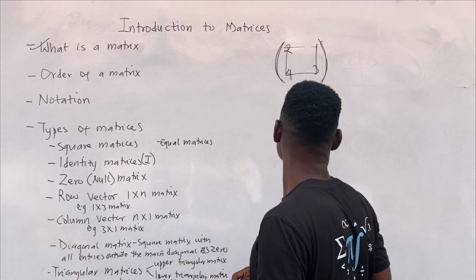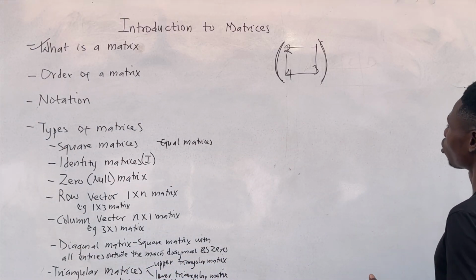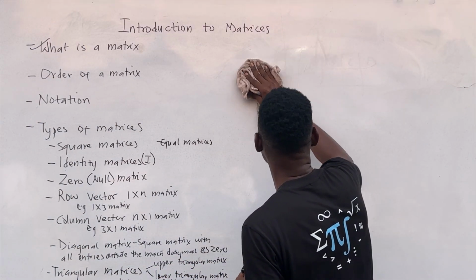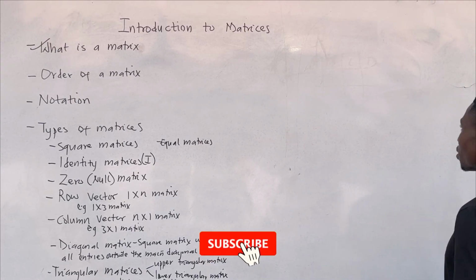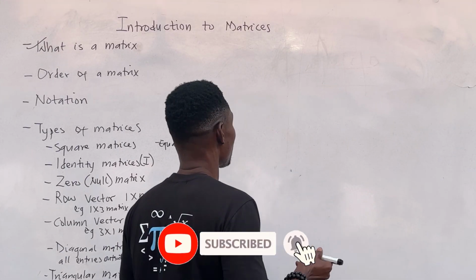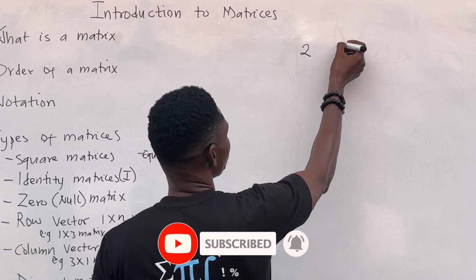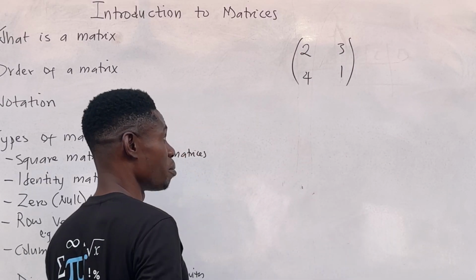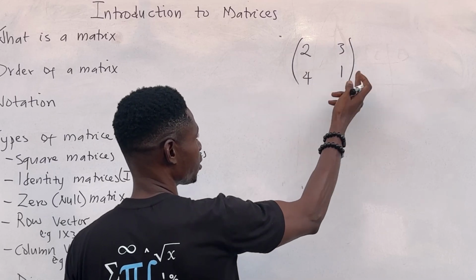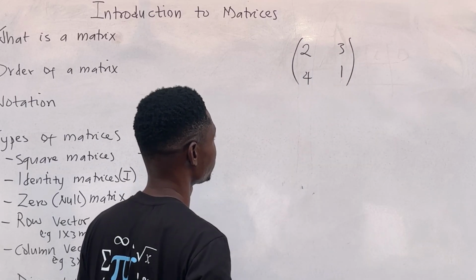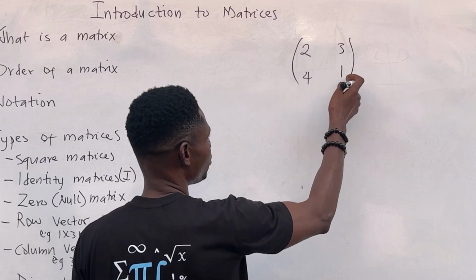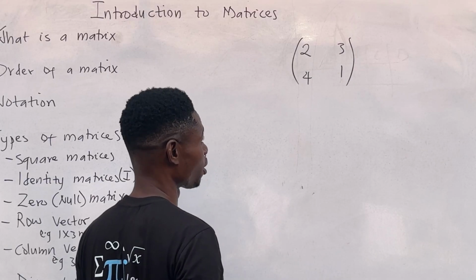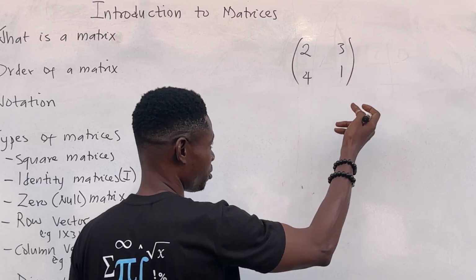Now I need to explain the concept of rows and columns so it's clear enough before we move to order. Let me give an example. Let's say 2, 3, 4, 1. So this is obviously a matrix. It has numbers, all these are real numbers, arranged in rows and columns, rectangular and within parentheses.